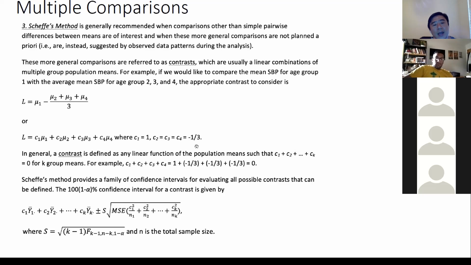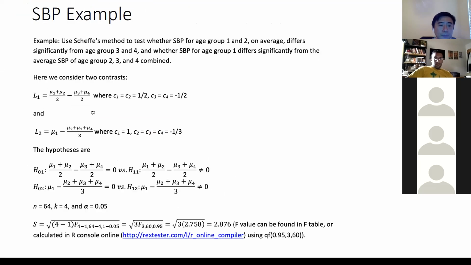The way to do that in SAS is to use this linear combination, where you give coefficients for each of the group means. So like here, the coefficient for group mean 1 will be 1, and the others will be negative 1/3, something like that. And the Scheffé method will give you the 95% interval for the linear combinations of any group means.